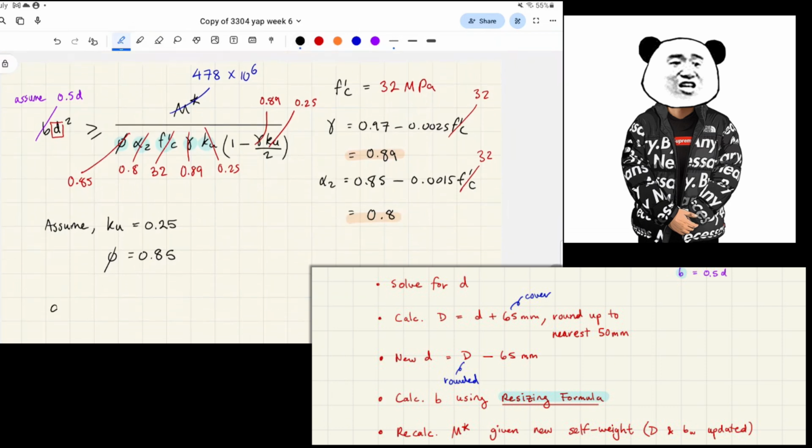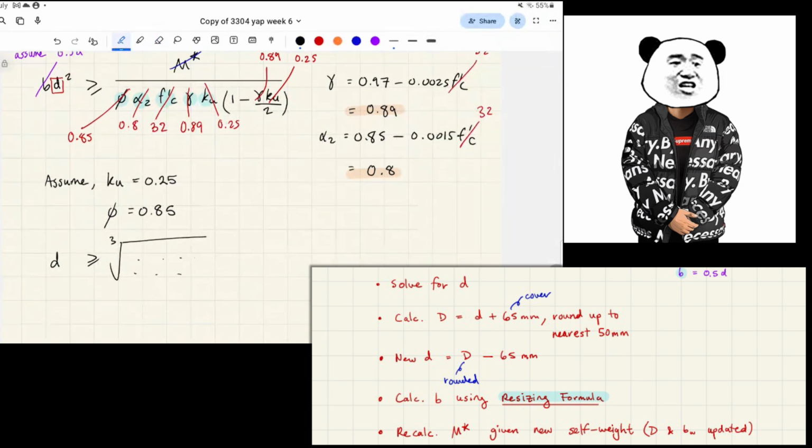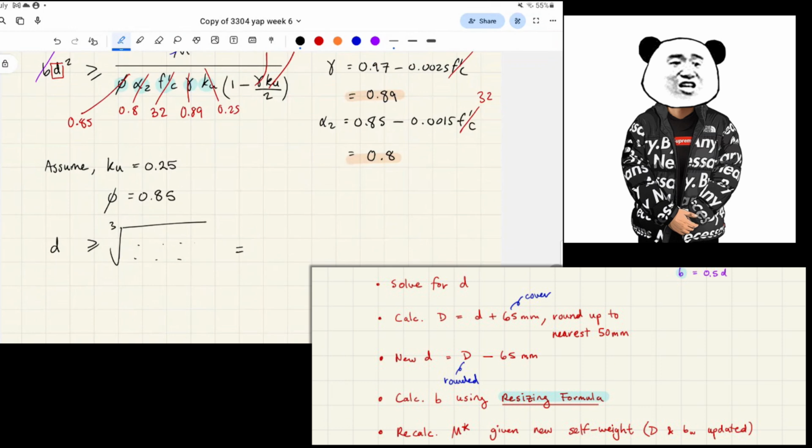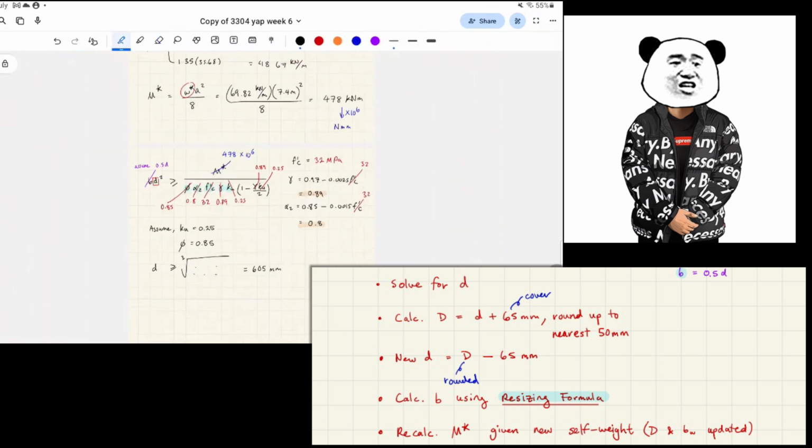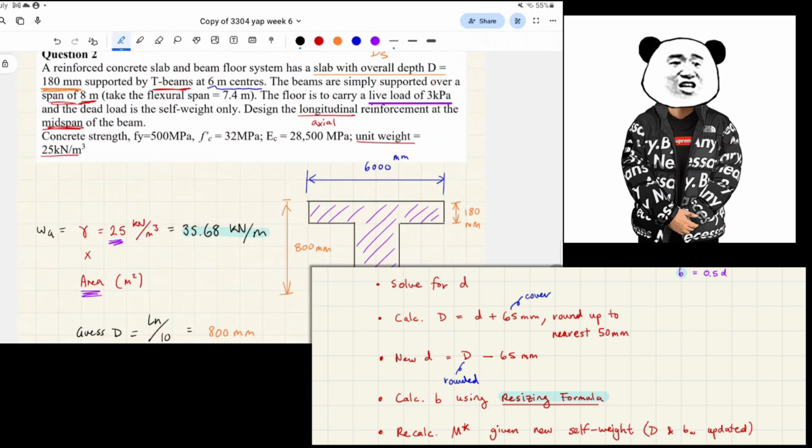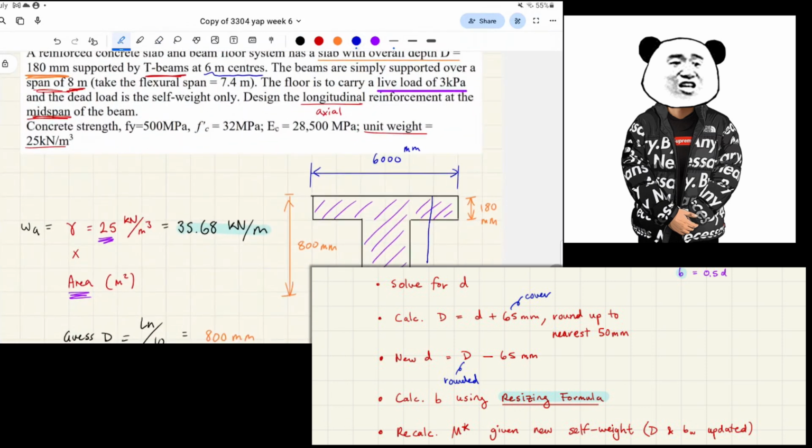So it would be d equals the cube root of all this that we've calculated, and that gives us that d is 605 millimeters. And you can do a sanity check. That means that the compressive steel is going to sit here, 605 mil, which seems about right.